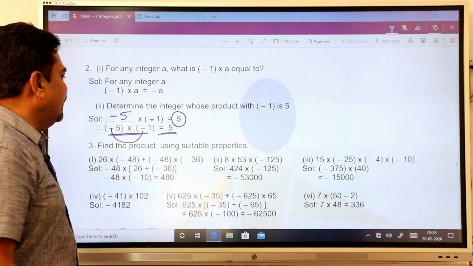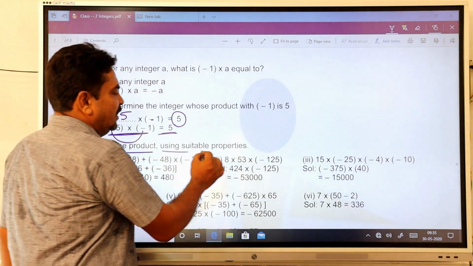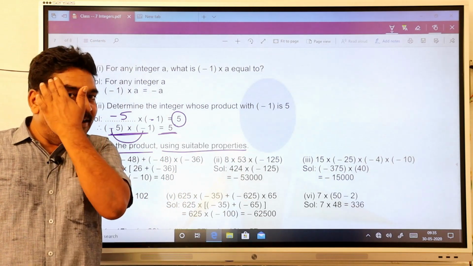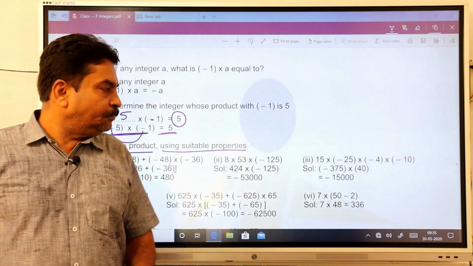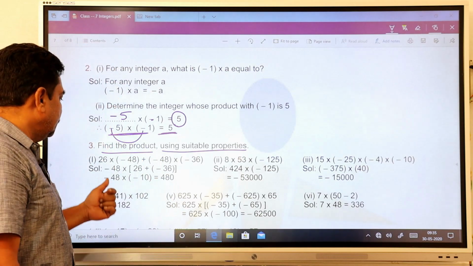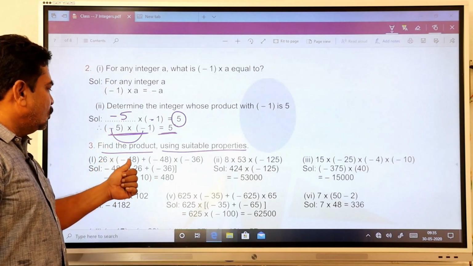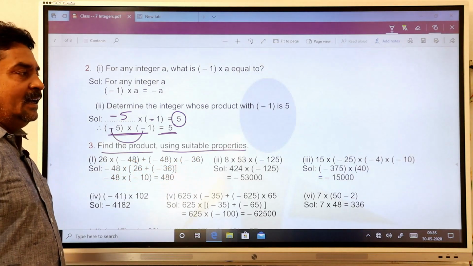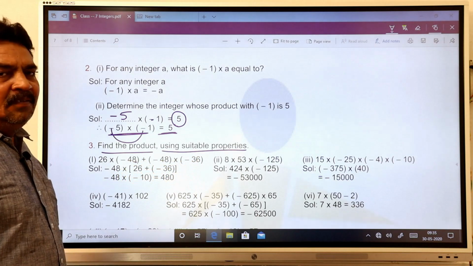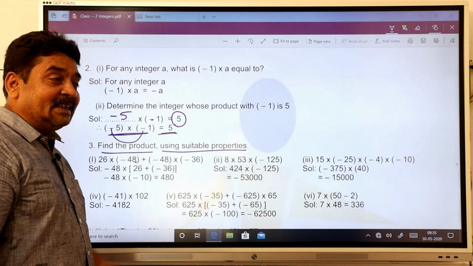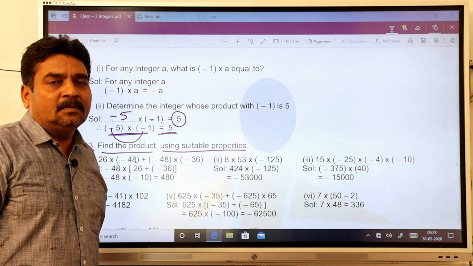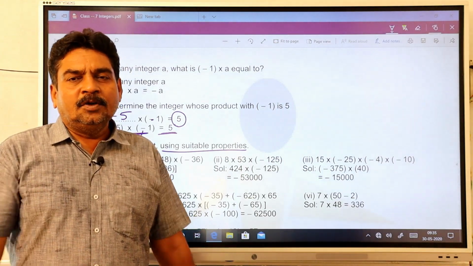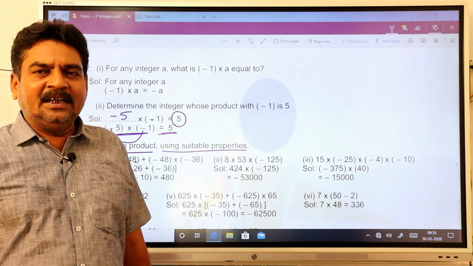Coming to the next one, find the products using suitable properties. So how are we going to get this? It is very simple. 28 into minus 48 plus minus 48 into minus 36. We'll see suitable properties: commutative property, associative property, closure property of addition, subtraction, multiplication and division.